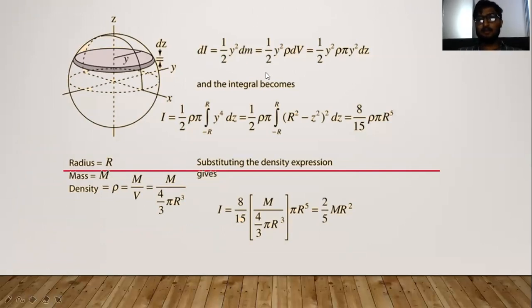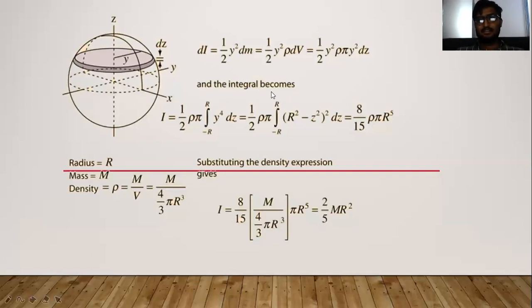What is y square dm? dm is equal to rho dV, so dI is equal to 1 half y square rho dV. Now, what is dV? dV is equal to pi y square dz. So dI is equal to 1 half y square rho pi y square dz.